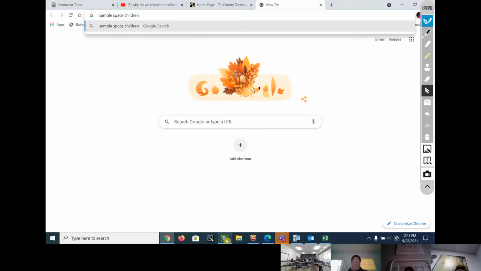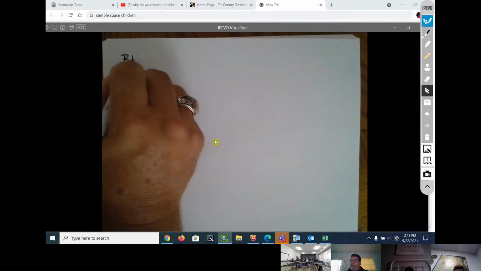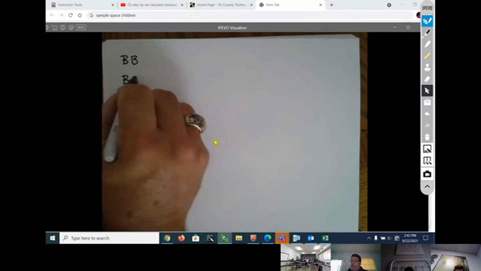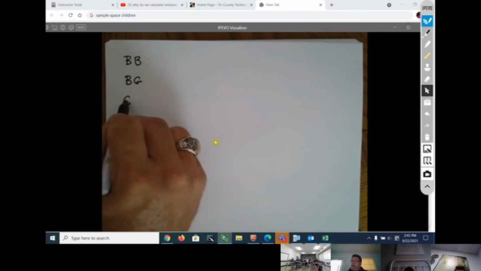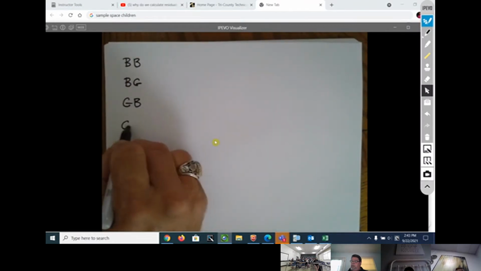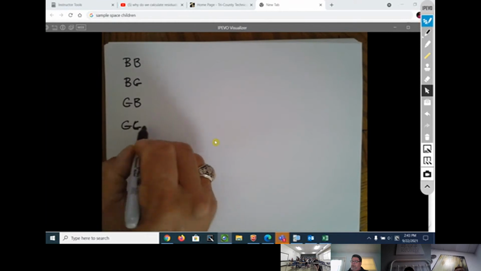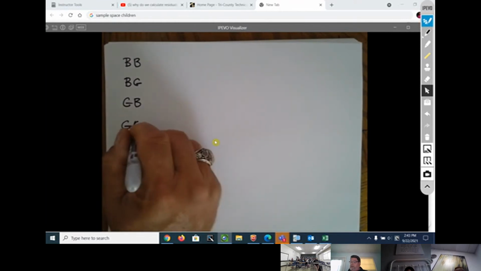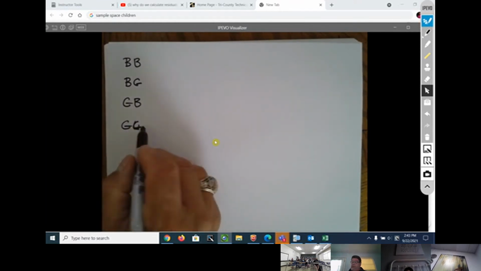Like the gender. Yes. What is the sample space? Boy, boy; boy, girl; girl, boy; and girl, girl. Now, you need to write that down because this is going to be a test question.